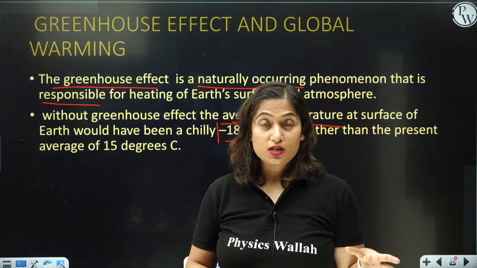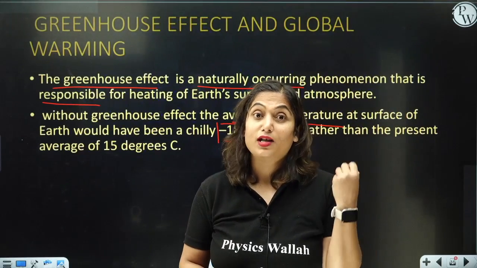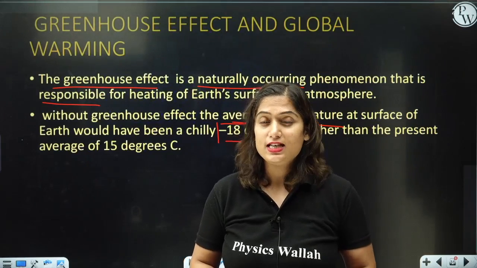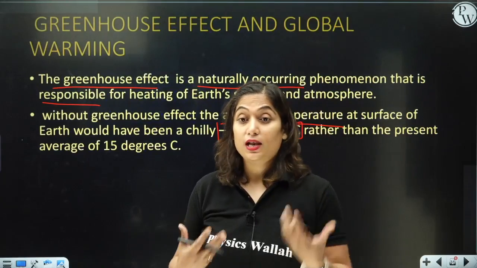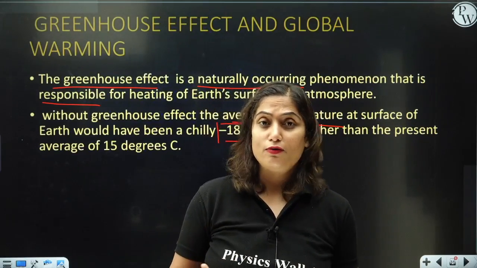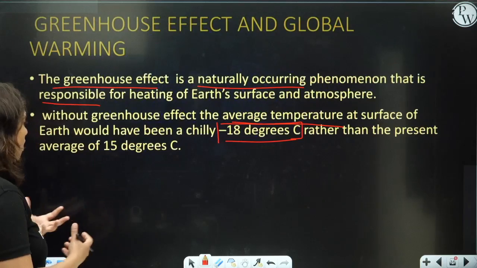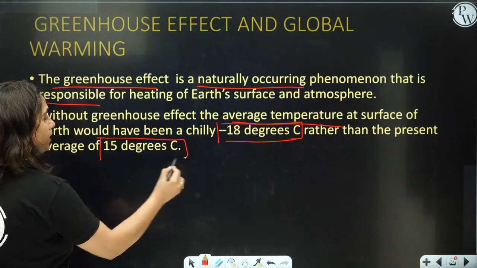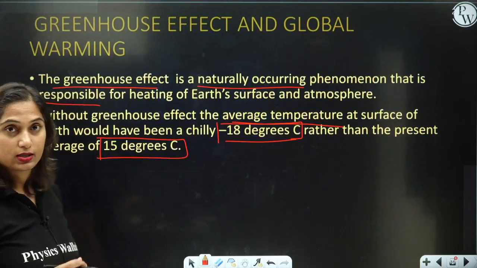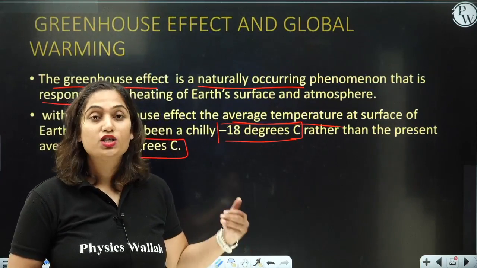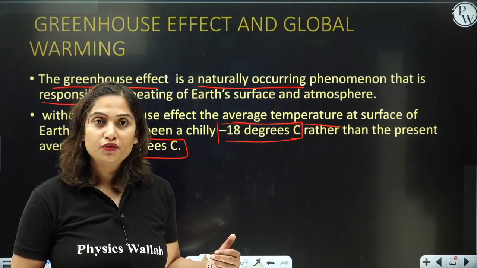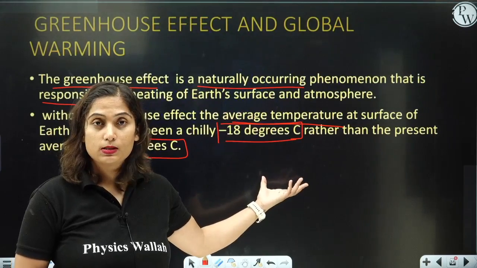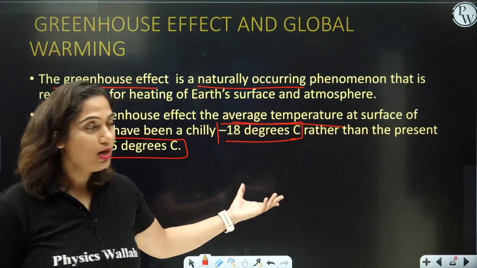If the greenhouse effect would not have been there, the annual average temperature of Earth would have been minus 18 degrees centigrade, in which the flourishing of life would not have been possible. But now the average temperature of Earth is 15 degrees centigrade. Remember this, because of the greenhouse effect, the average annual temperature on Earth is 15 degrees centigrade. But if it would have been absent, it would have been minus 18 degrees centigrade.